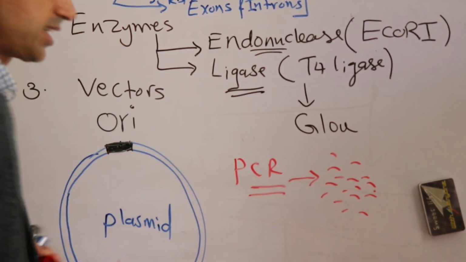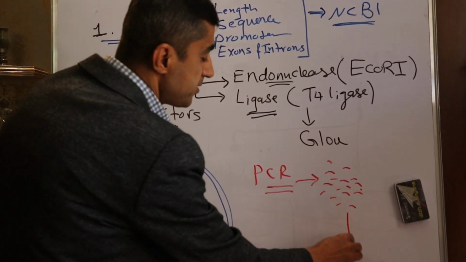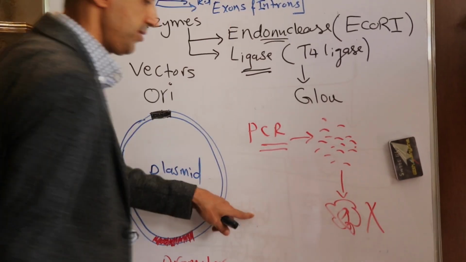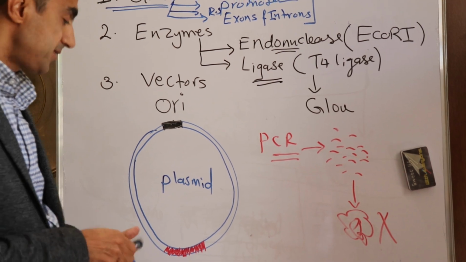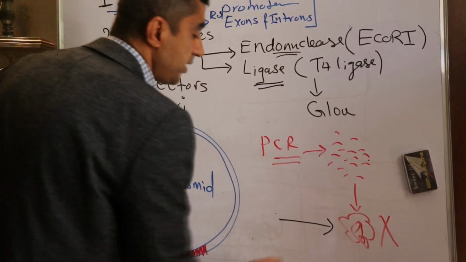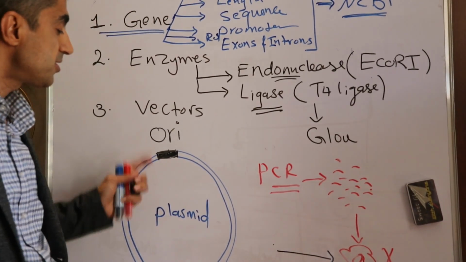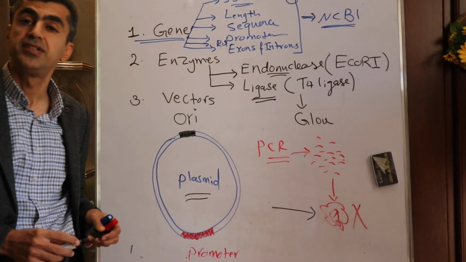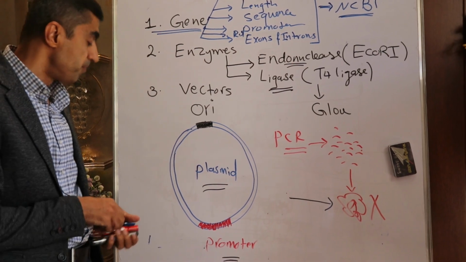It's an in vitro technique, but the gene cannot be expressed and the protein is not produced. Whereas if we use a plasmid, the protein can be produced from those genes because the plasmid has a promoter for gene expression.